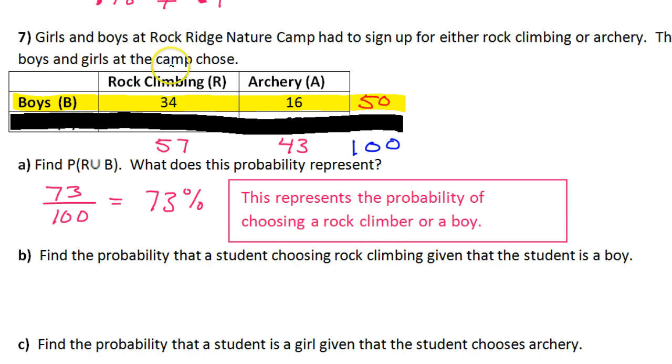So now our target out of total, given this universe: rock climbers, there are 34 out of a total of 50 boys. So 34 out of 50.